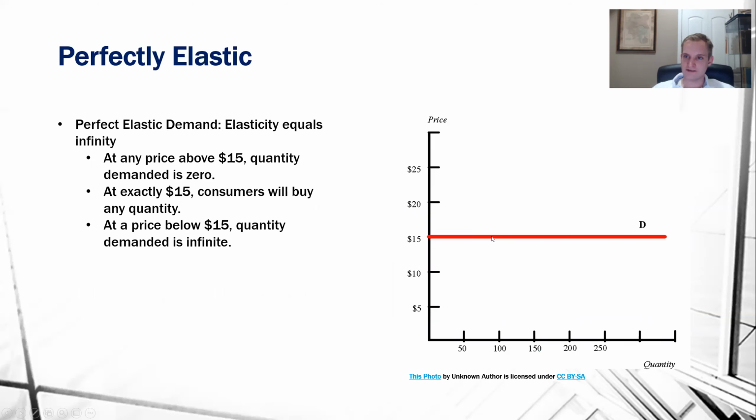And what this tells us is that if price were to increase above this $15 market set price point, quantity demanded will fall to 0. If price is below the $15, then we're going to see that quantity demanded is infinite. And if price is at $15, consumers will buy it in any quantity.